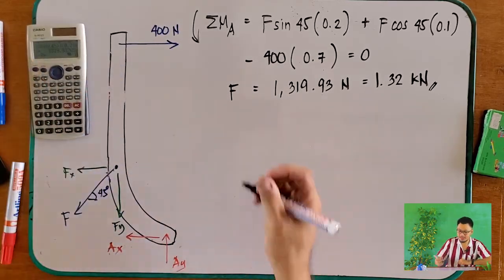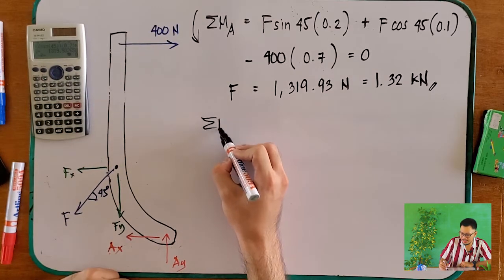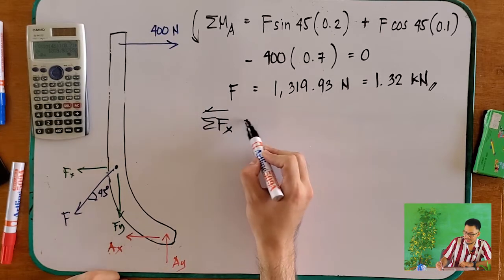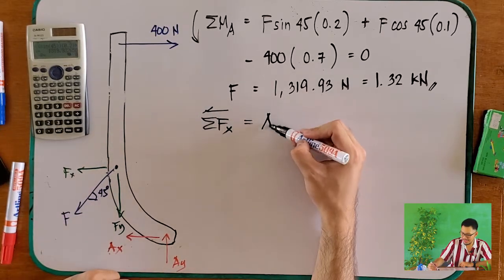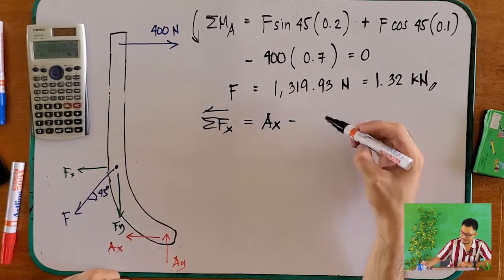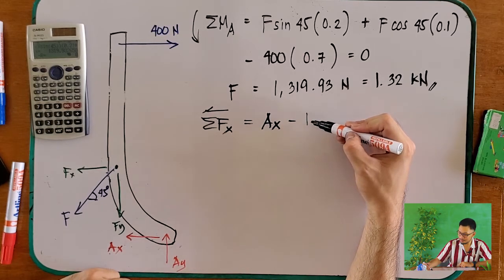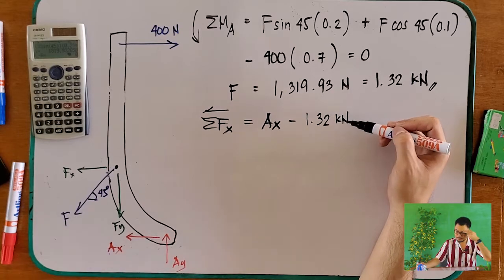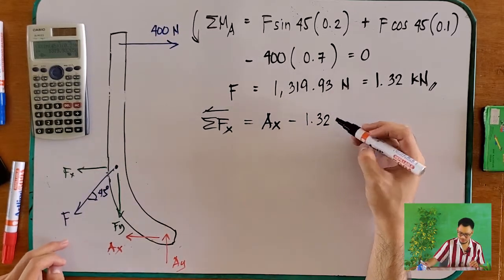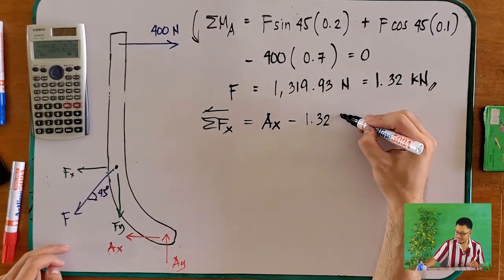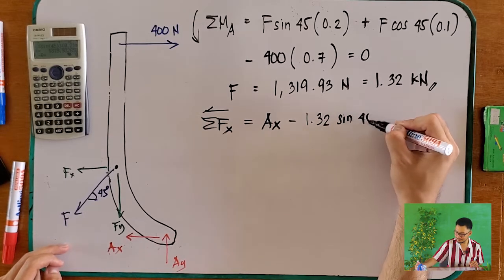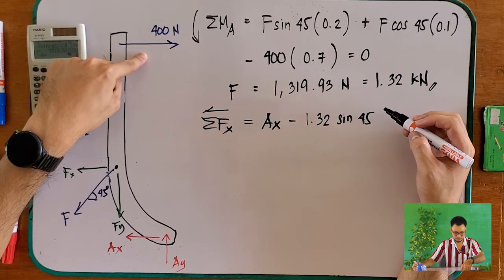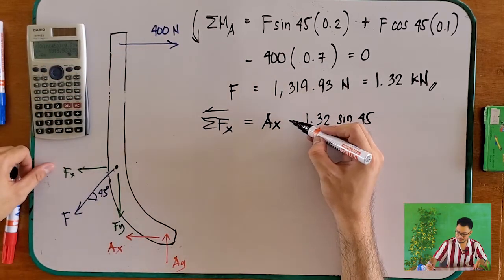Then, we can use summation of forces along the X going there para atong AX, which is equal to AX minus 1.32 kilonewtons sine of 45. Then, minus ba? Plus di ay ni.